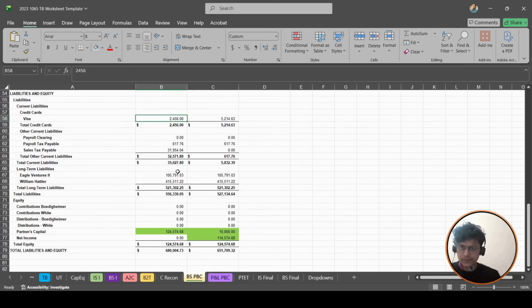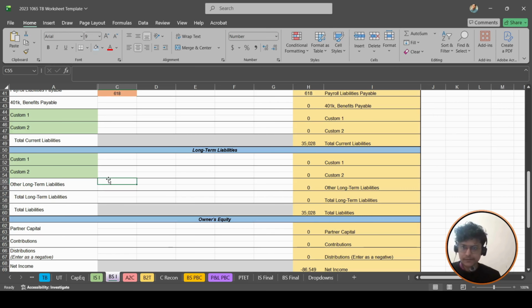The long-term liabilities. Long-term liabilities here. We can add the name also here, but right now we are adding here. This is the Eagle Venture, and the other one is William. Yes.